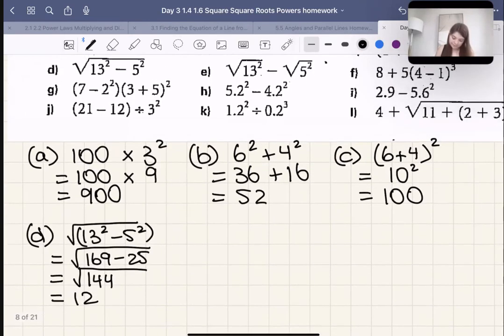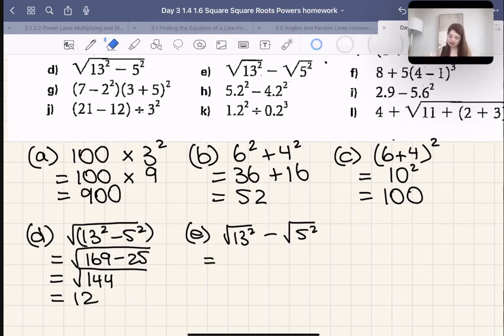Okay, let's do E, which says the square root of 13 squared minus the square root of 5 squared. Well, let's see. Are there any brackets? No. Are there any exponents? Yes, there's the square root of 13 squared, which is actually just going to end up being 13, right?